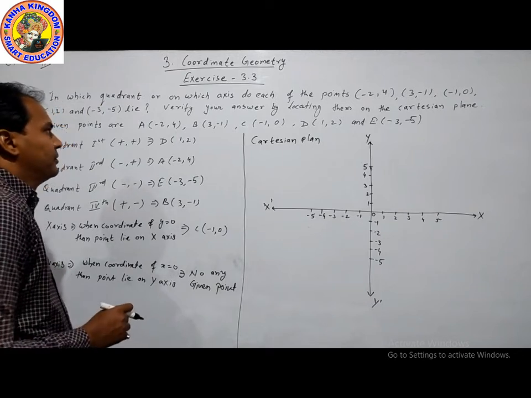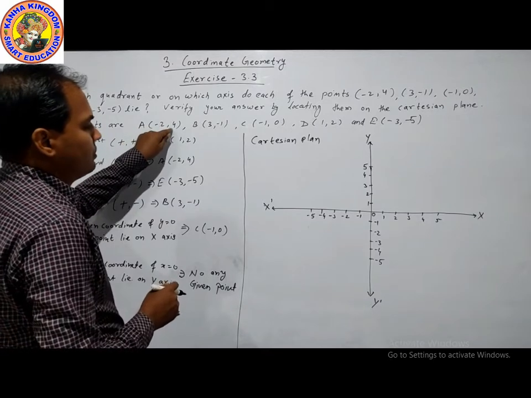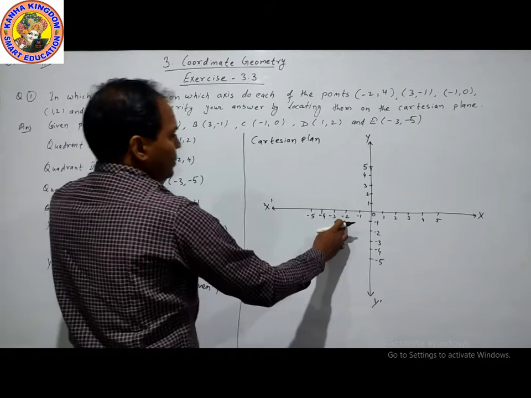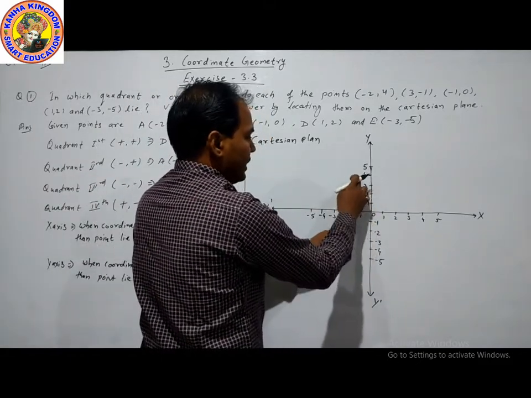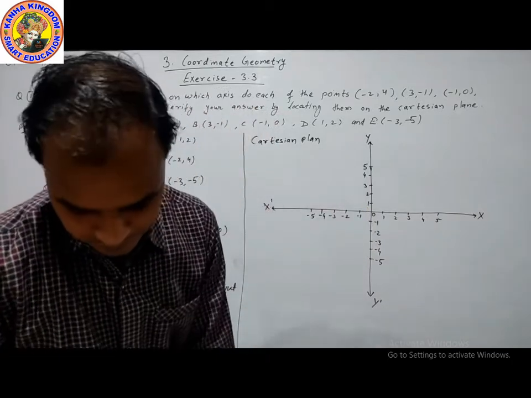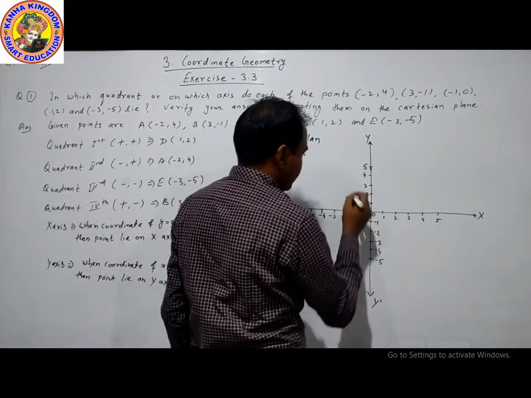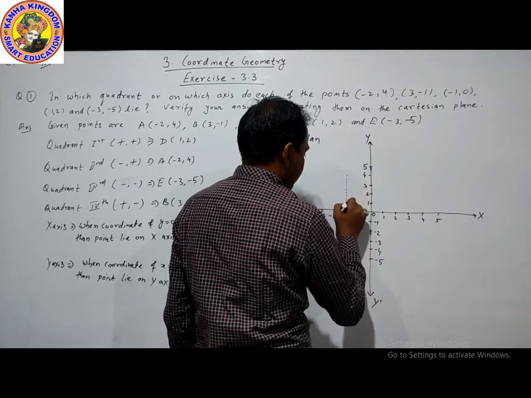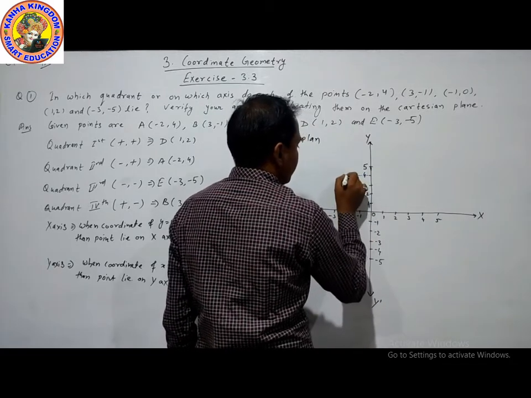Now locating point A. X is equal to -2, y is equal to 4. This is the line of -2, this is the line of 4.